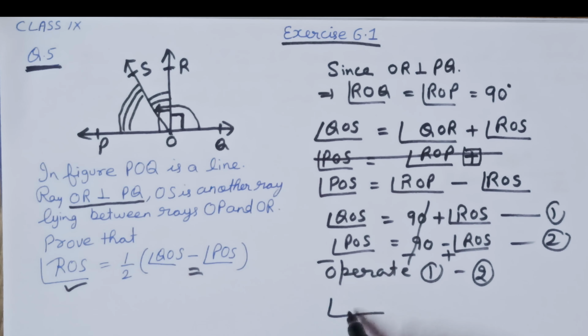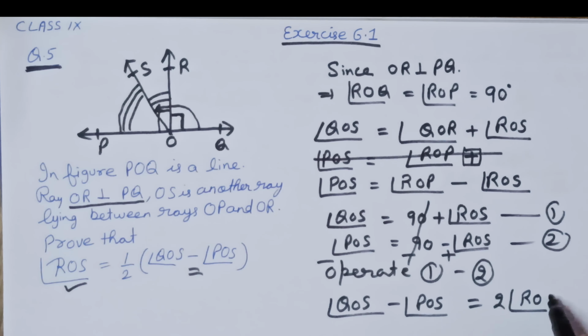You will get QOS minus POS equal to 2ROS, which will imply ROS is equal to half of QOS minus POS. Hence proved. That's all.